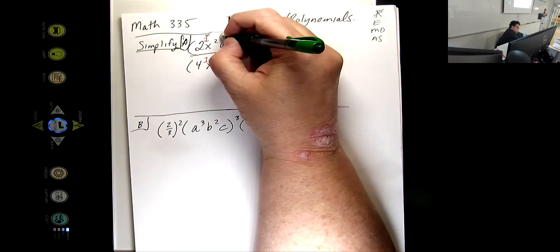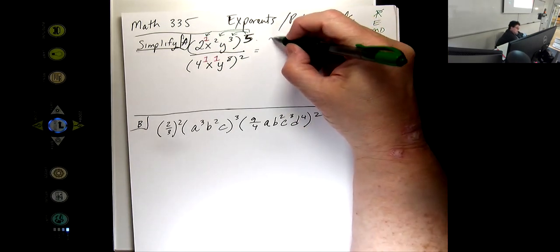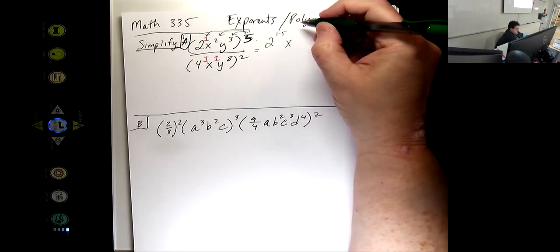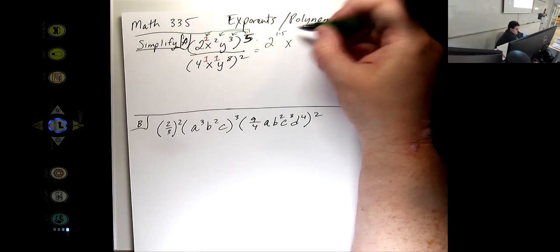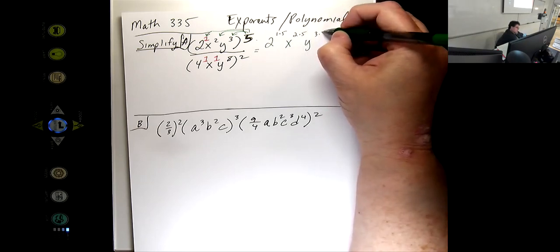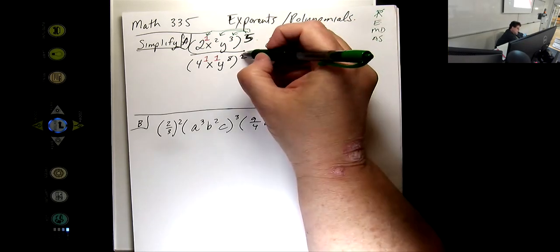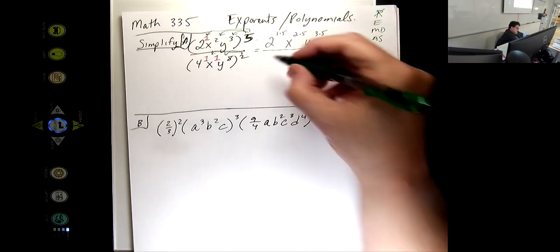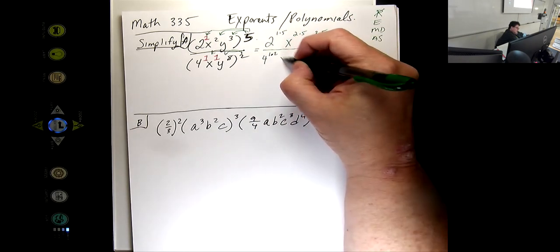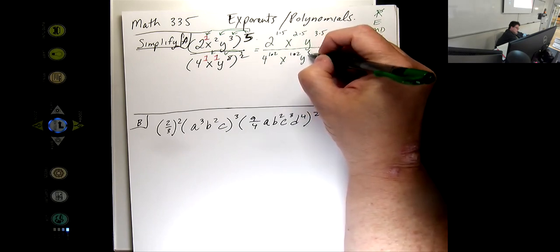So I'm going to distribute this by multiplication: 1 times 5, then x squared will be 2 times 5, and y cubed will be 3 times 5. On the bottom, we're only distributing the square. I've got 4 and 1 times 2, x is 1 times 2, and y is to the 8th power times 2.